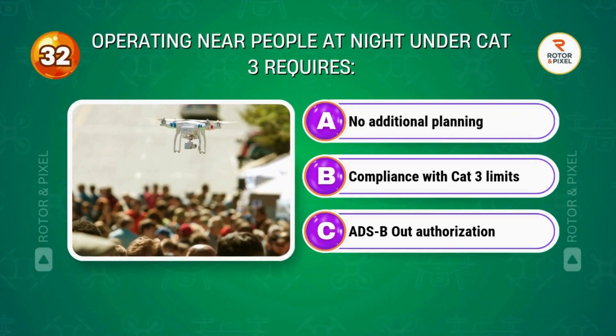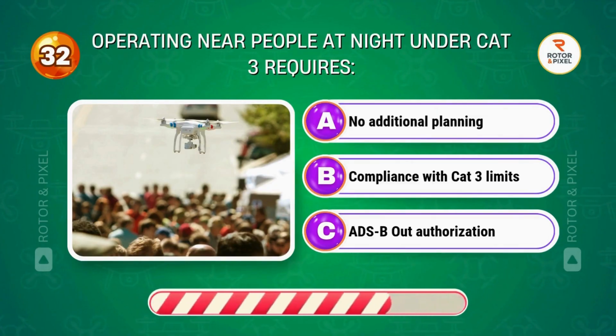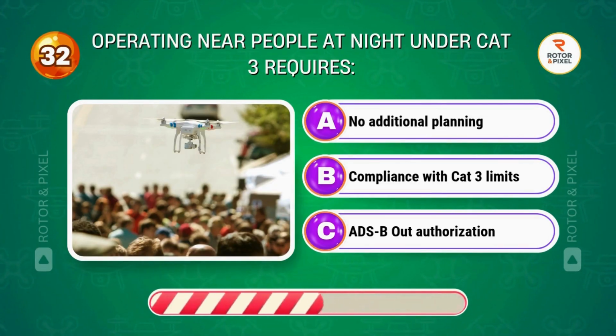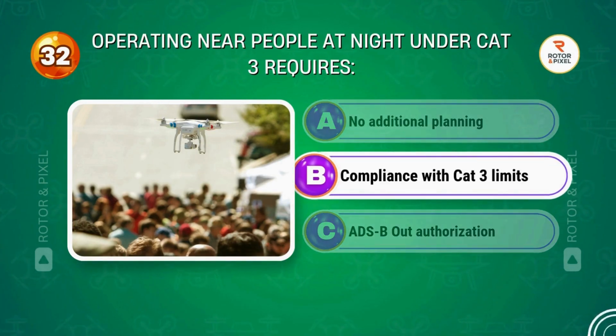Operating near people at night under Cat 3 requires Answer B, compliance with Cat 3 limits.